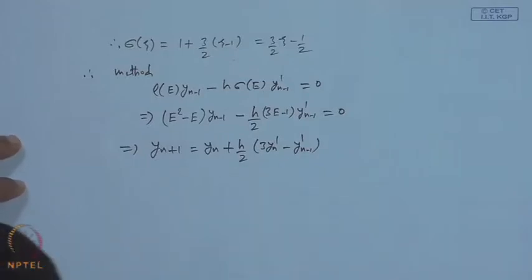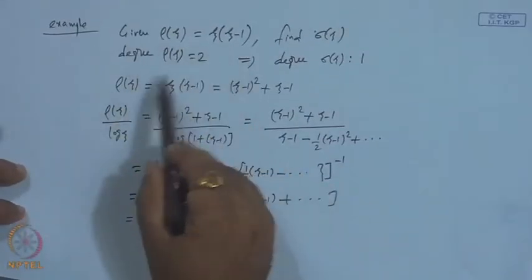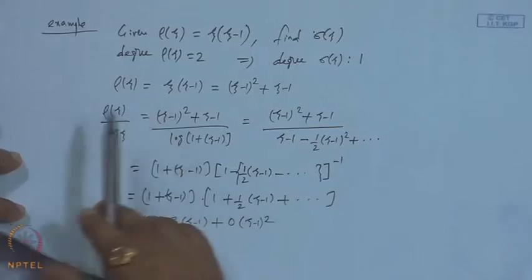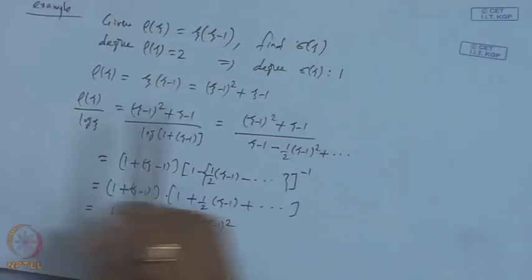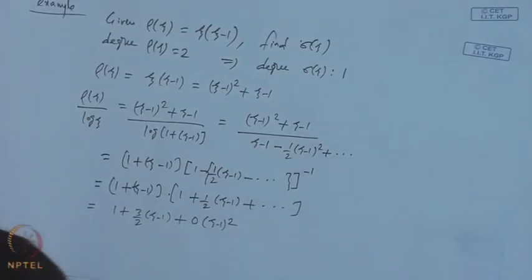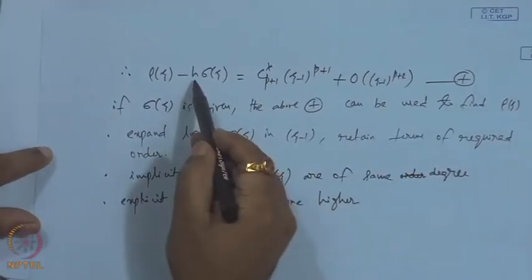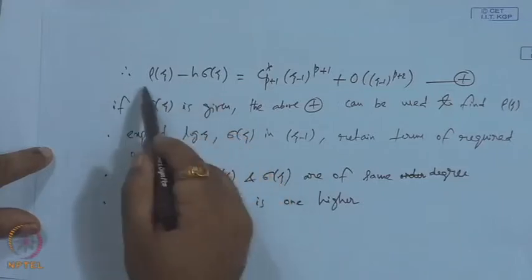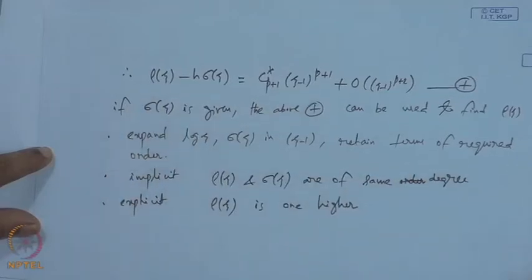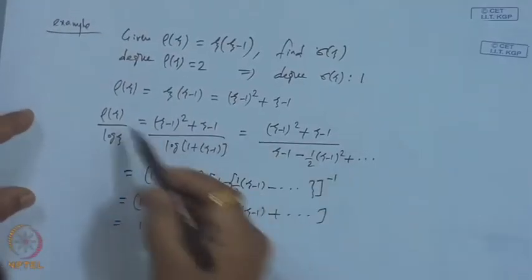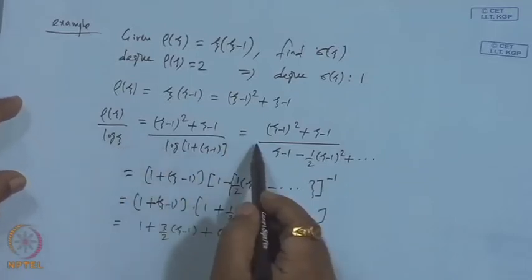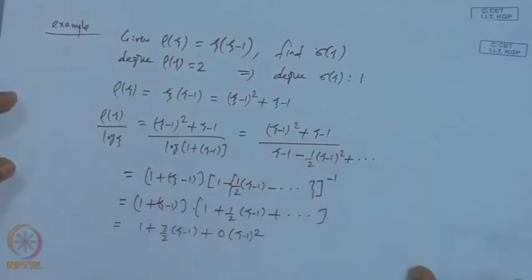Okay. So, what did we do? Given this, we have expanded, so this is h is a log zeta. So, I have divided. So, this rho by log zeta we have expanded. Okay.